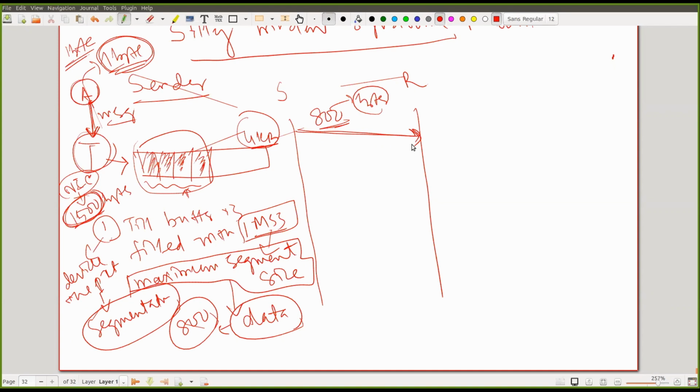And remember this concept also: by default, as far as TCP is concerned, the maximum segment size, that is MSS, is 536 bytes.